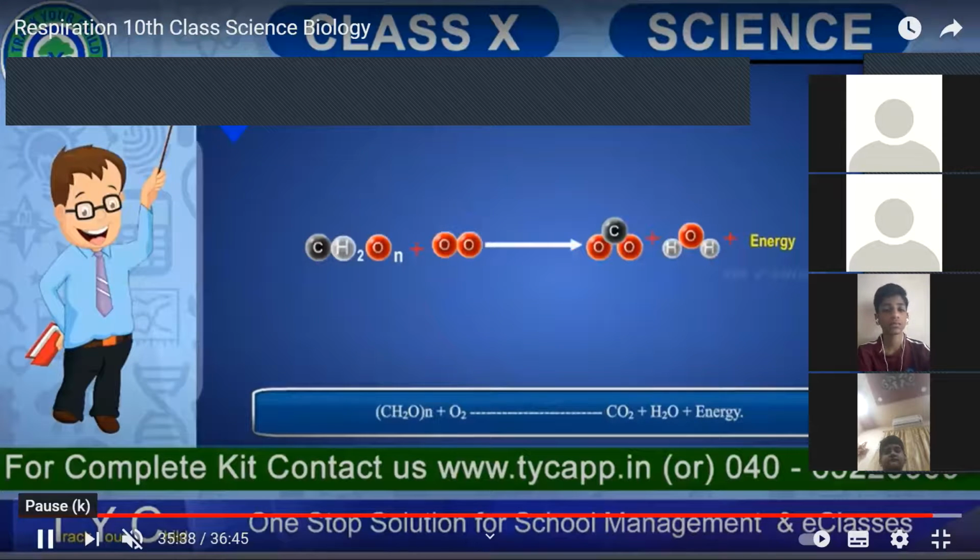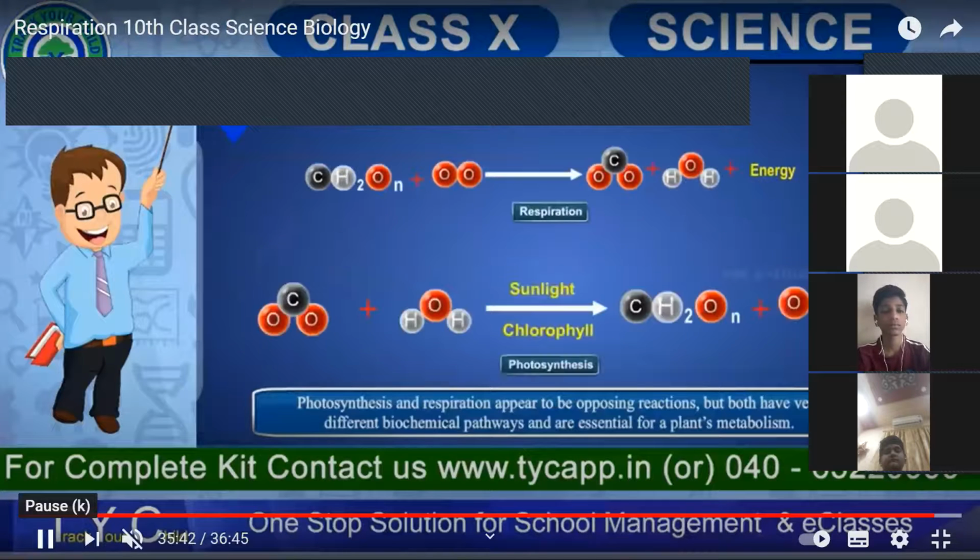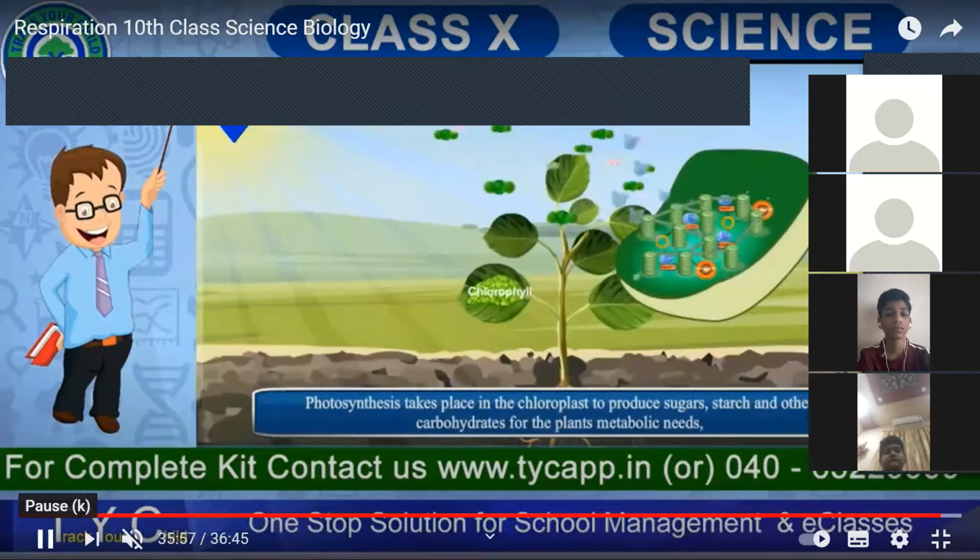So we see that glucose in the presence of oxygen is breaking down to give you carbon dioxide and energy. So photosynthesis and respiration appear to be opposing reactions. They are opposite reactions, but both have very different biochemical pathways and they are essential for the plant's growth.